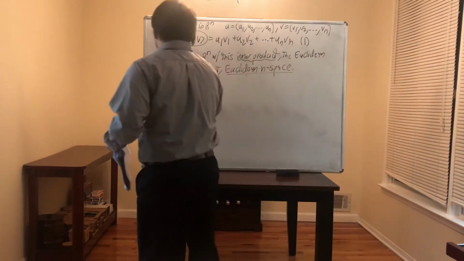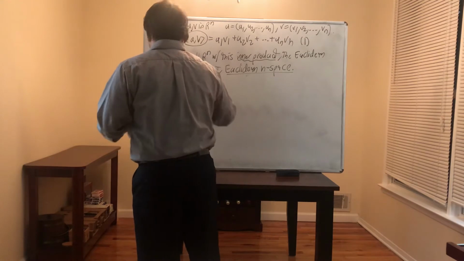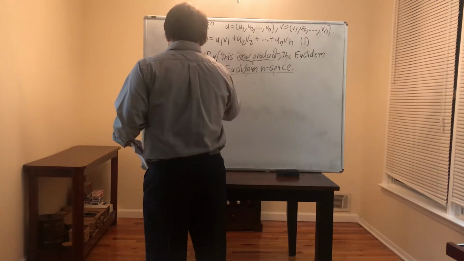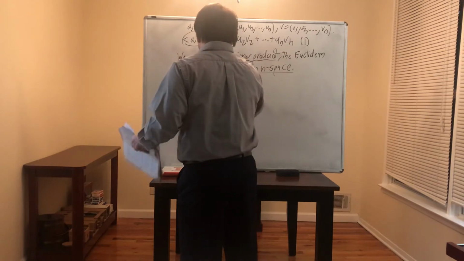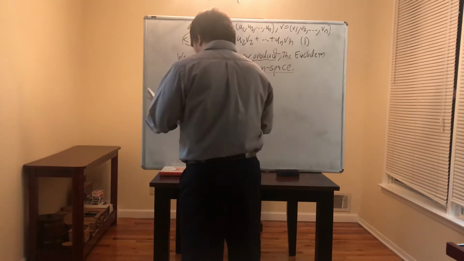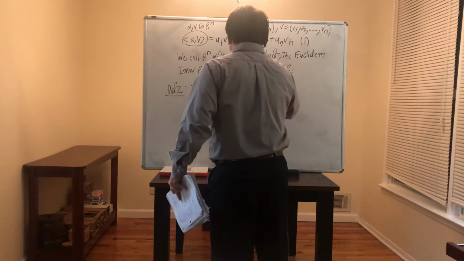Definition 2. V is a real inner product space.